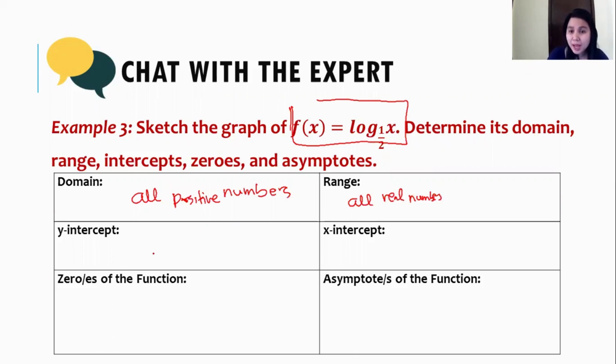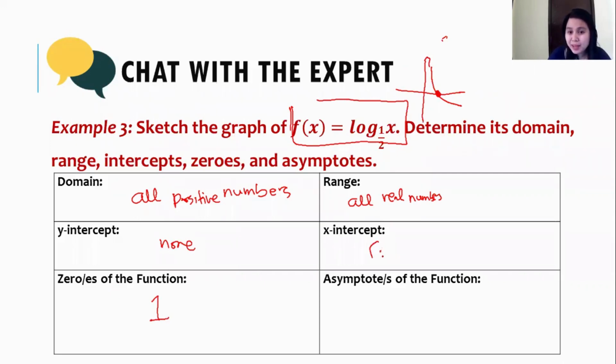How about our y-intercept? What is our y-intercept? It's going down, so like this, right? So none. What is the zero of the function? Very good. It passes by 1. So what is our x-intercept?